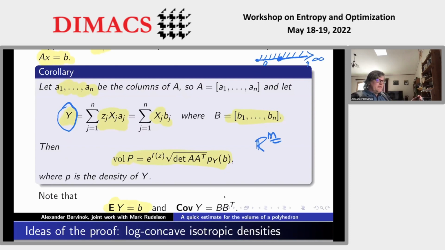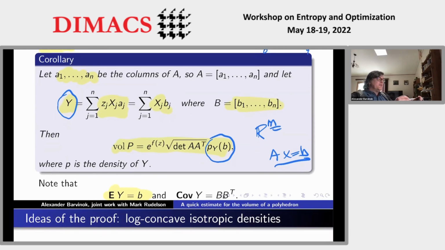Remember that the equation is Ax = b. That's probably not a very good notation, but still. And what we do here is look at the value of the density at its expectation, which is not a bad thing.